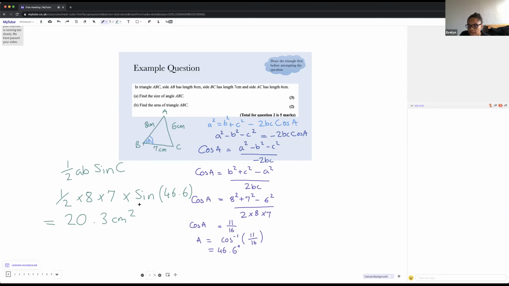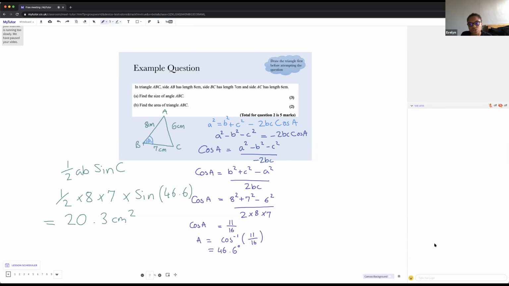Brilliant. Right, some questions. Why can we not use the normal cosine formula? One thing which you need to remember for your GCSE is you can only use SOHCAHTOA and Pythagoras theorem when you have a right-angled triangle.